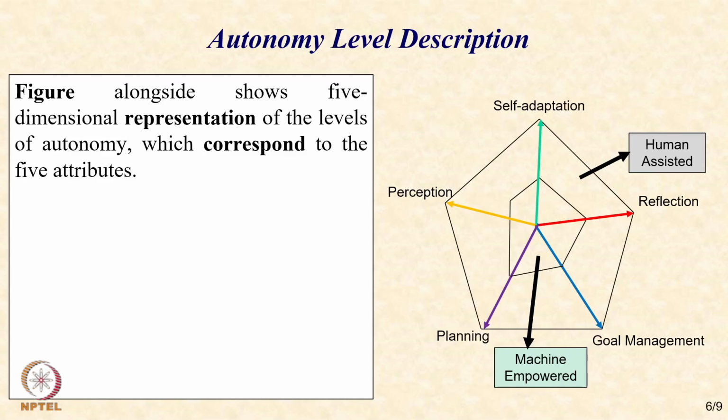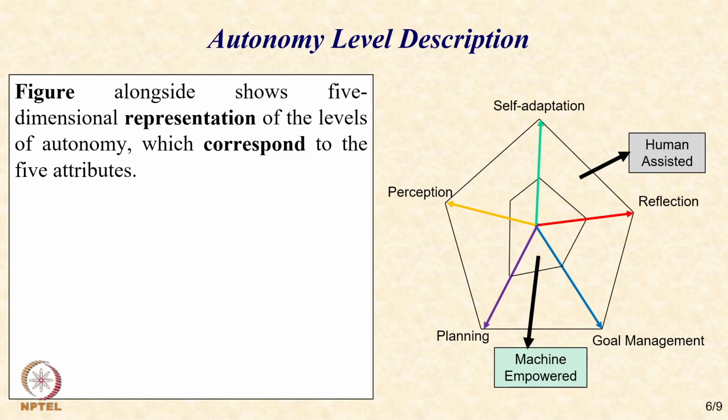So, you can clearly see that not only is the system not fully autonomous, but different attributes are also given different extent, which means, for example, if you see the planning is at a slightly higher level, but your perception could be at lower level, reflection could be at a reasonable level.